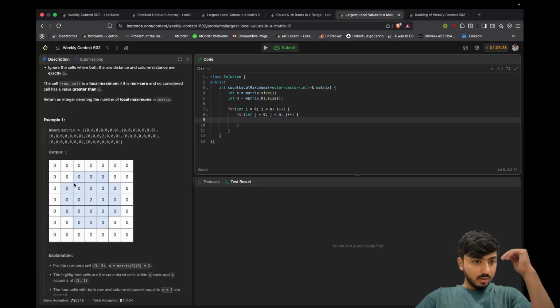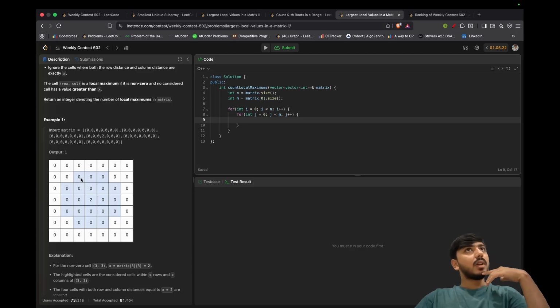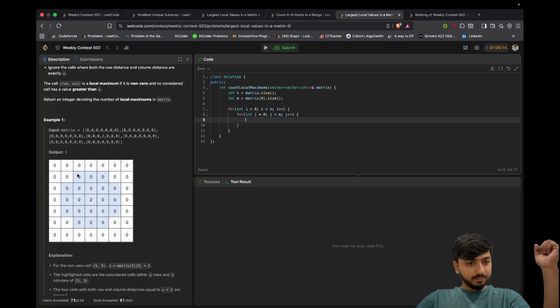No, what we can do is we first take out the maximum value of this. But it is not feasible, right? How many checks can we make at a time?